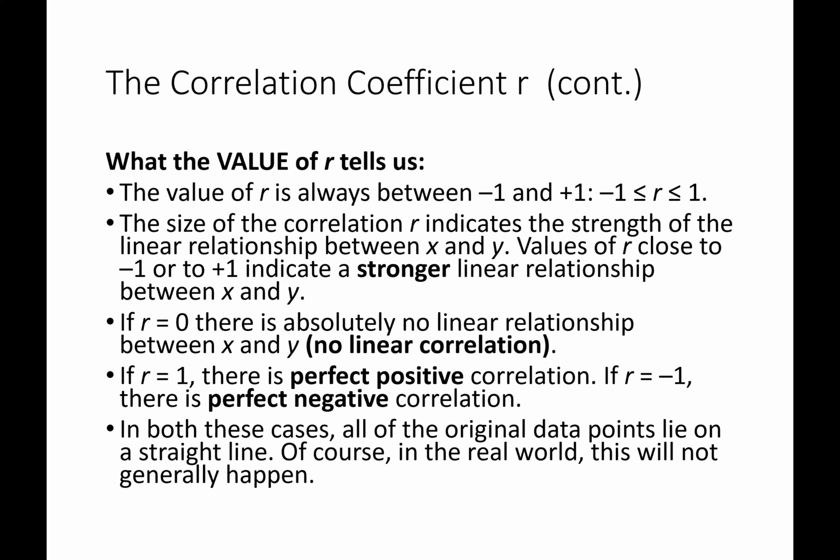That's positive, which means that as your independent variable gets bigger, your dependent variable does too. So if you have a strong linear positive correlation, you have something like this. This is when R is positive. And you'll notice that the sign of R corresponds with the sign of your slope.